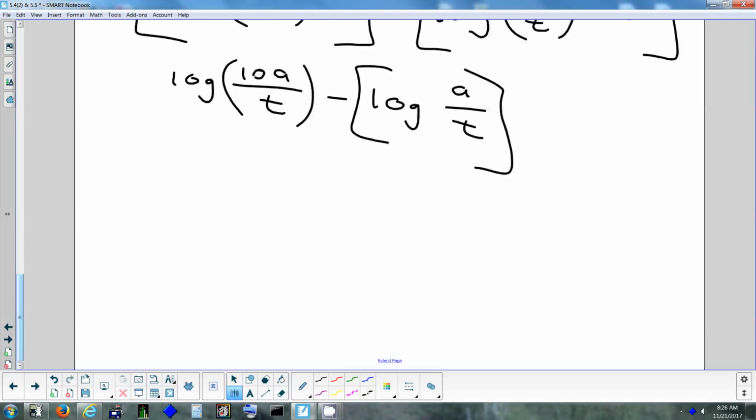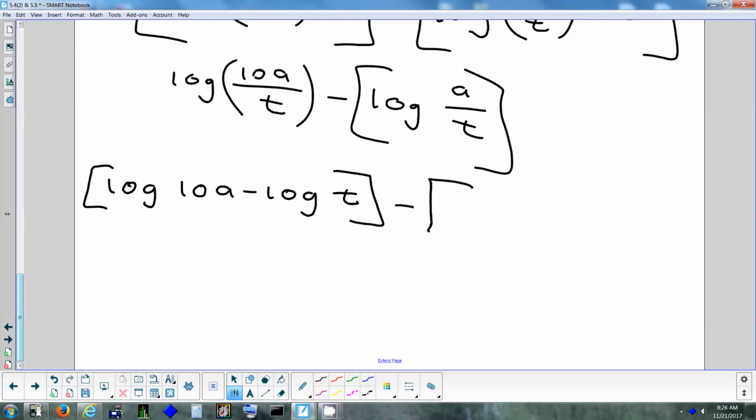Okay. Now, I have the log of a quotient. Can someone remind me how the log of a quotient splits? Yeah? Exactly, subtraction. Log of 10A, and now watch what's going to happen here, minus log of T. That's the first one. Minus, and now it's going to split as subtraction again. Log of A minus log of T. Now, does anybody see something else that's going to cancel out there?